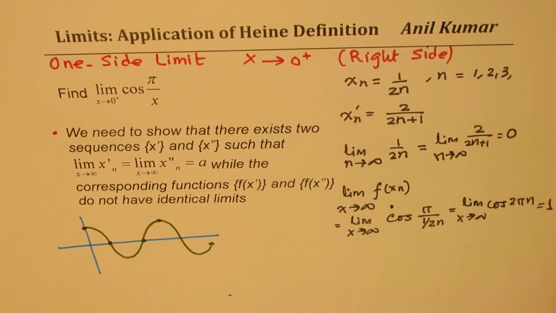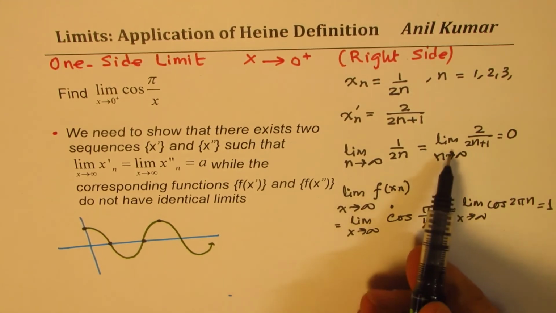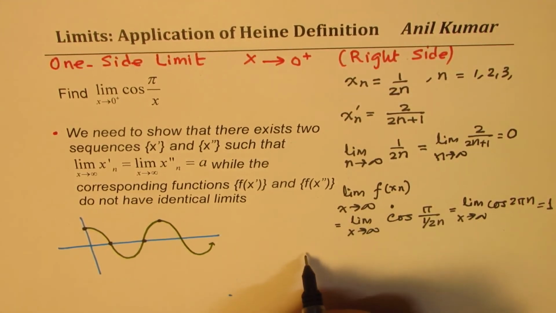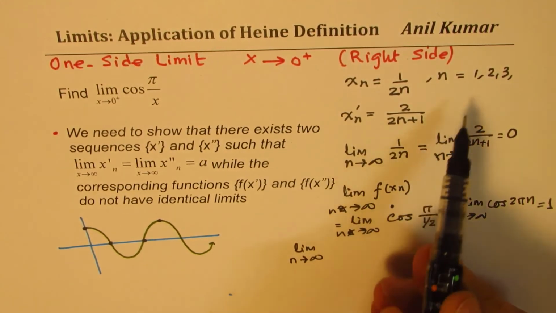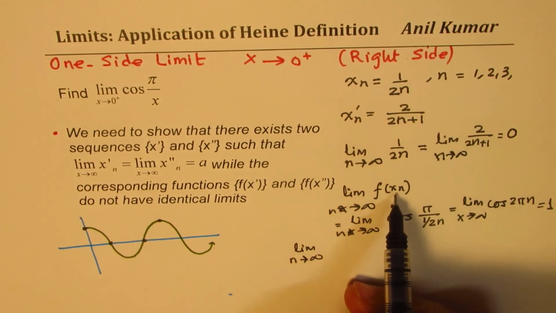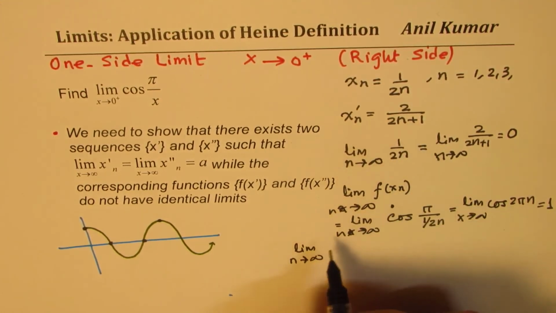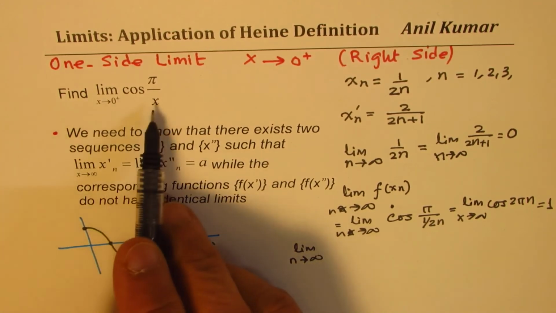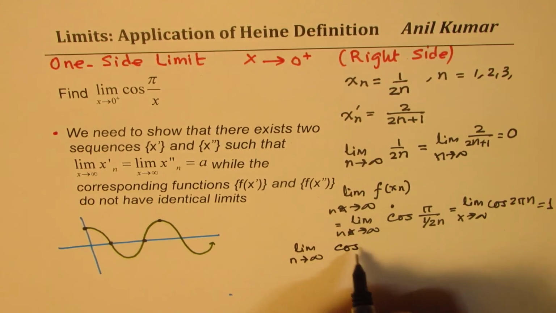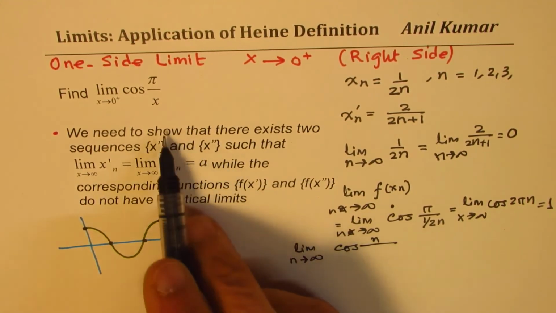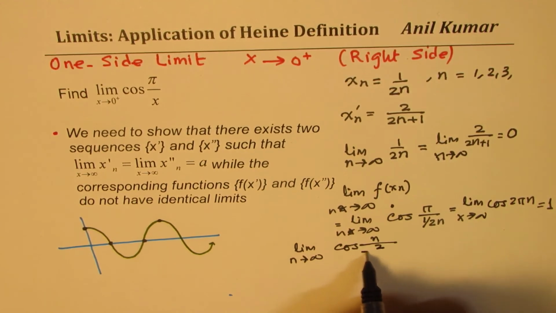Now let me shift this a bit to this side. Now let's try the second function, which is a sequence rather. So we have the limit when n approaches infinity of f of x_n. For the second function, replacing x with 2 over 2n plus 1, we get cos of pi over 2 over 2n plus 1, correct?